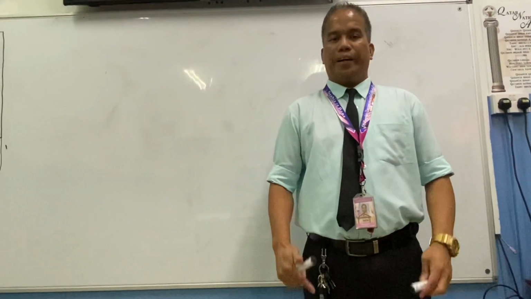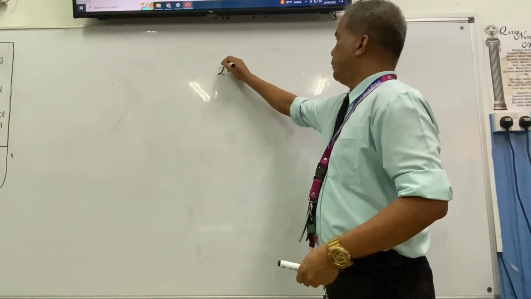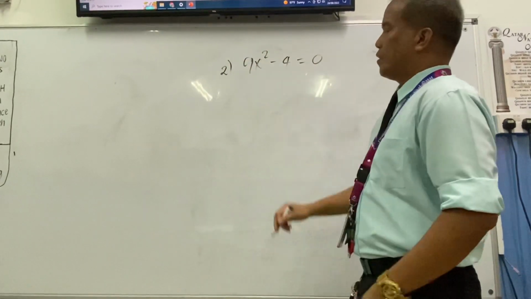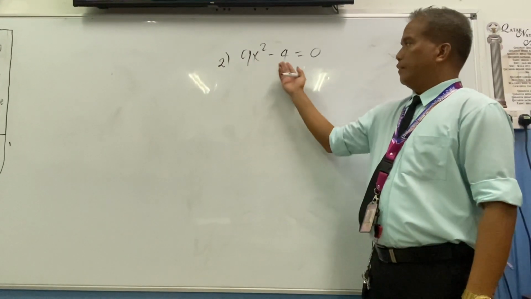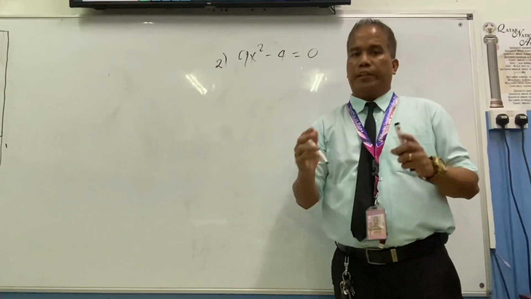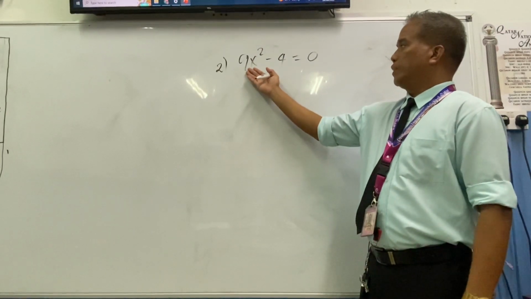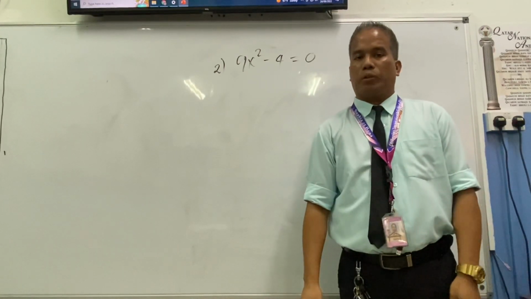Okay? Example number 2. So we have 9x squared minus 4 equals 0. Okay, how will you solve it? You will notice that the two terms are a difference of two squares. It means the first term is a perfect square, and at the same time the second term is also a perfect square.